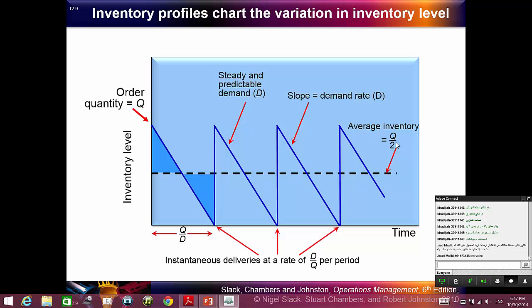And Q by 2 is the average inventory. The number of orders during the year is D by Q, the number of deliveries or orders. Is it clear? Okay, good.